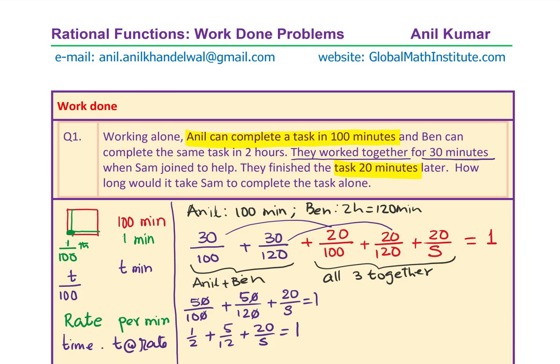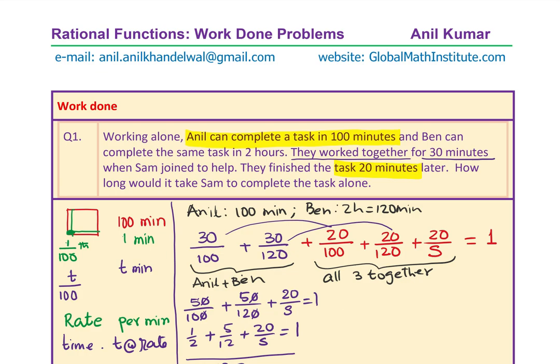Now you can multiply all the terms by 12s, right? And so you can simplify this. So when you multiply, make the common denominator 12s. So we have 12s as a common denominator.